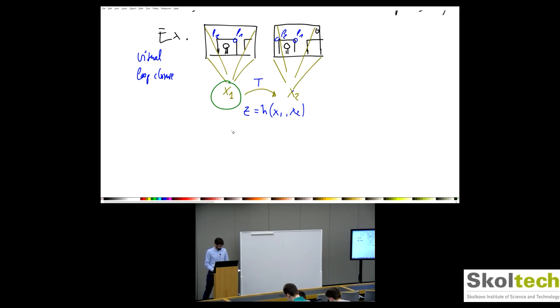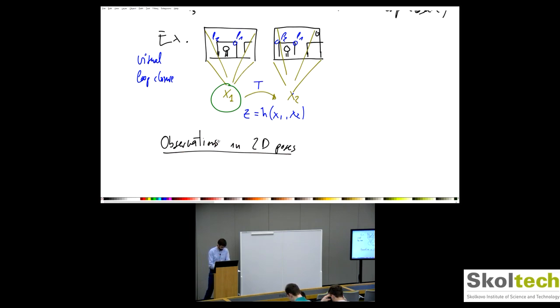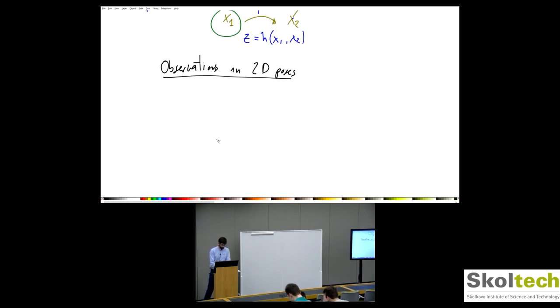Okay, so if we do it this way, then let's discuss observations into the poses. So imagine we have something like this.